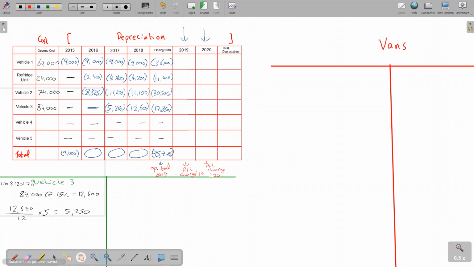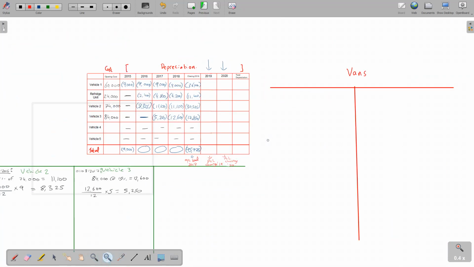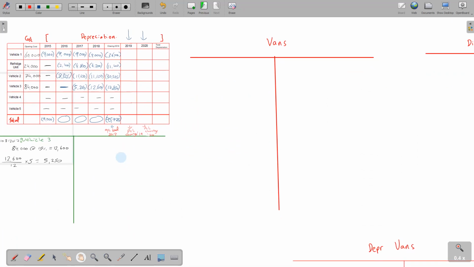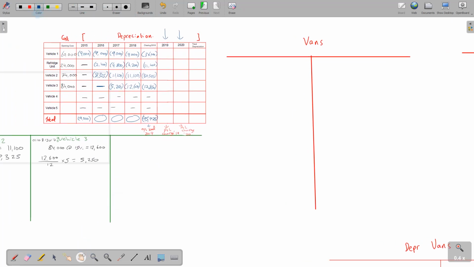So with that, we can actually start looking at our T accounts. So our opening balance for 2019, so we have vans, 01, 01, 2019, opening balance, and it's a total of those combined.